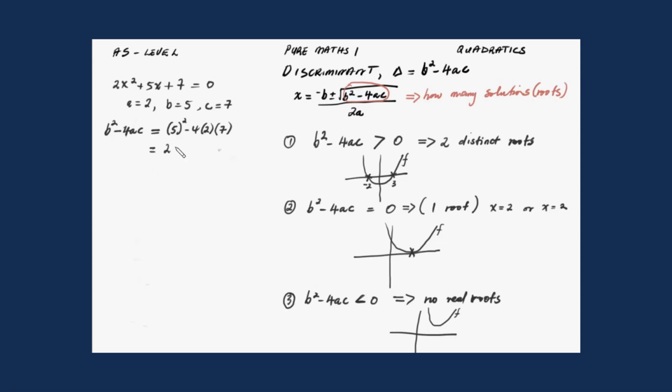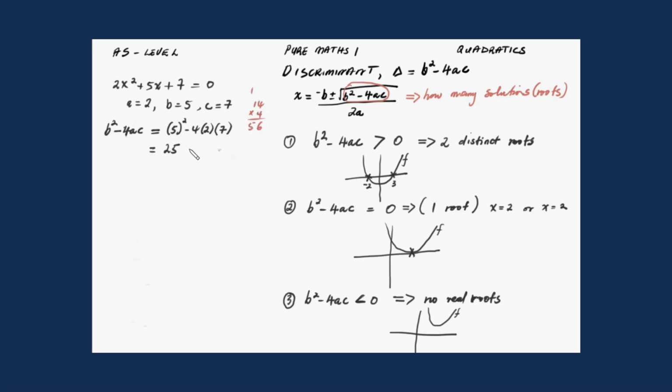5 squared is 25. Then 7 times 2 is 14, and then 14 times 4. Let's work out 14 times 4: 4 times 1 is 4 plus that is 5.